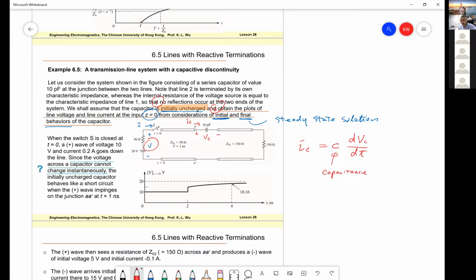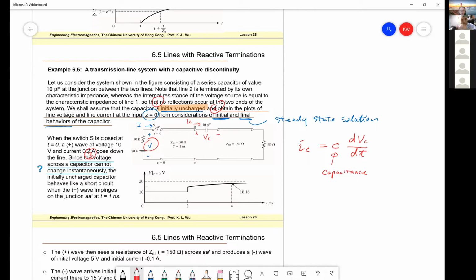Okay, this is called capacitance. Now, this is the second clause. The third clause, as I just mentioned, is that the voltage across a capacitor cannot change instantaneously.